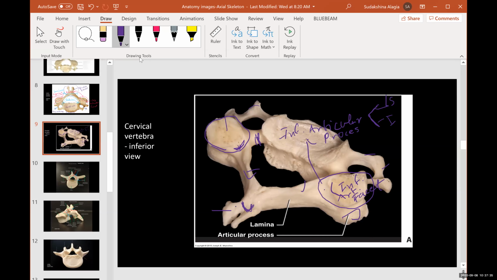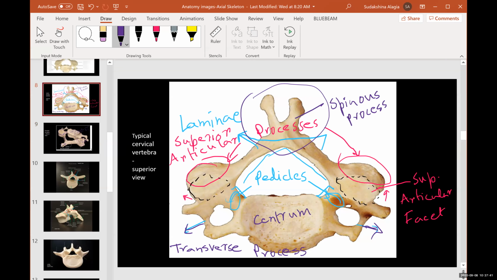Basically, the cut is the facet, what remains is the process. On the superior view, same thing, superior articular process and facet. The cut is the facet, what remains is the process. These are very clearly visible if you are looking at an actual 3D vertebra. But again, we are doing the best we can.